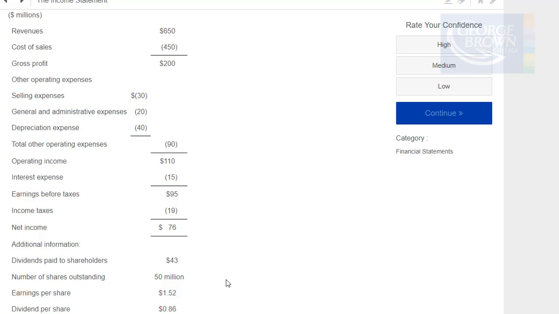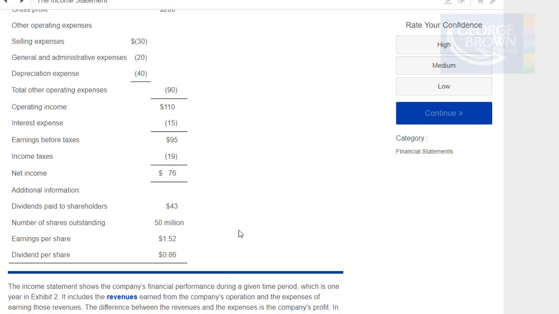And here's some additional information. If I just scroll it up a little bit on the screen, you can see the number of shares outstanding is 50 million. So if we take the net income of 76 million and we divide it by the number of shares outstanding, we'll have earnings per share. So 76 million divided by 50 million gives us $1.52 earnings per common share.